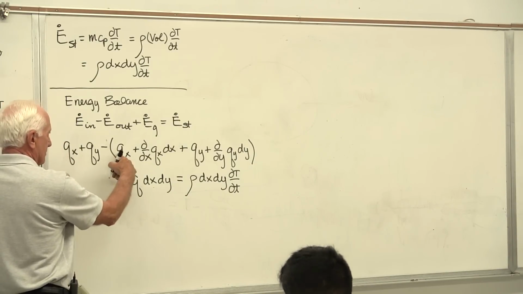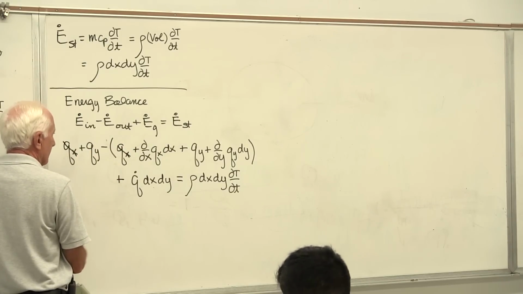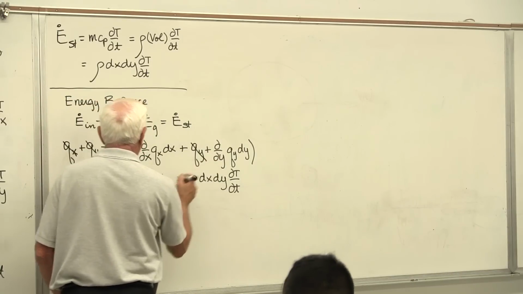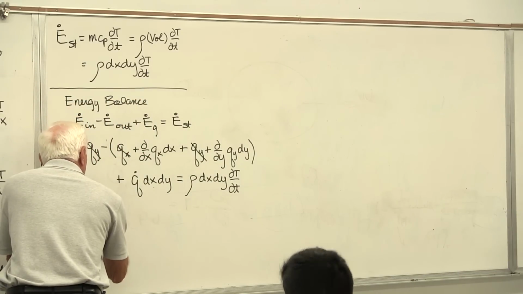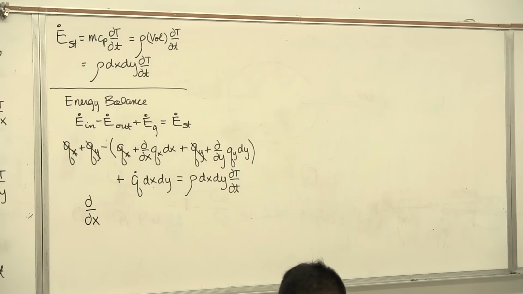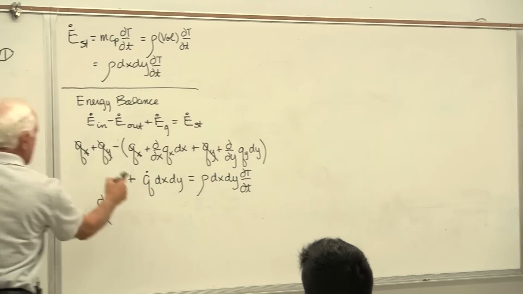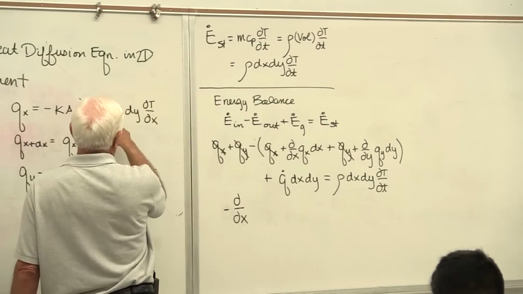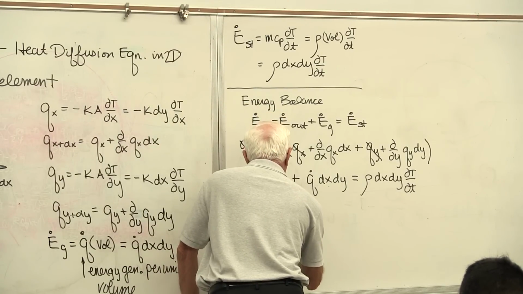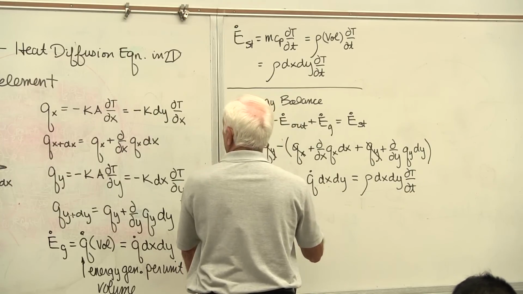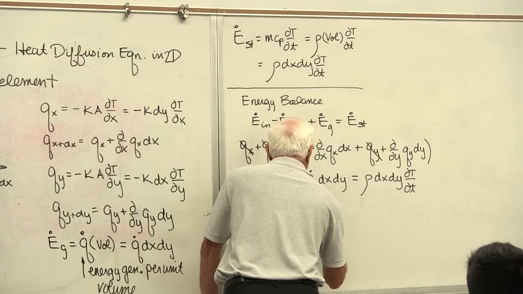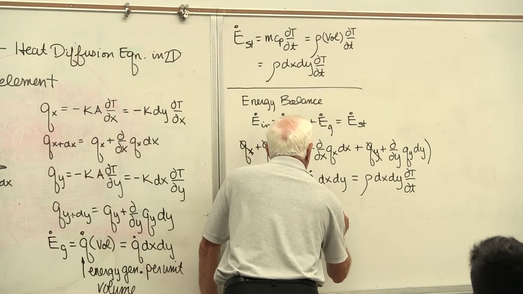Qx minus Qx cancels out. Qy minus Qy cancels out. We're left with minus the partial with respect to x of Qx. There it is. There's a minus sign in front of there: minus k dy partial T with respect to x times our dx.